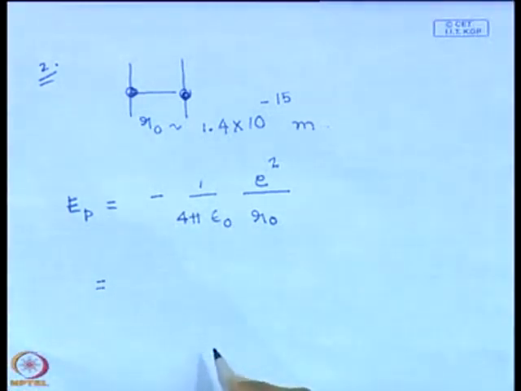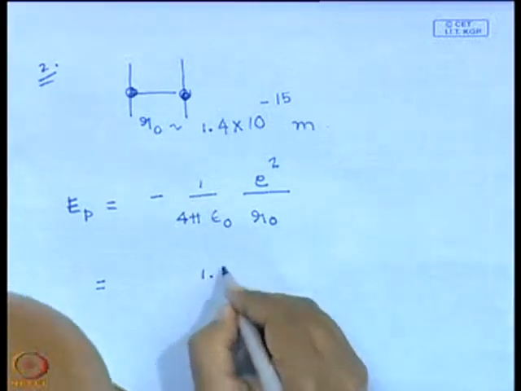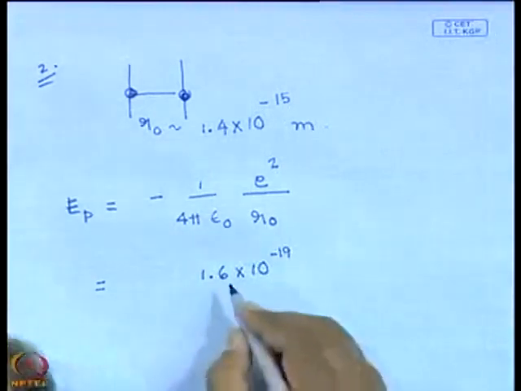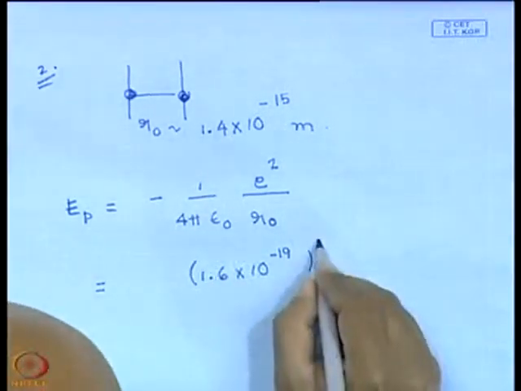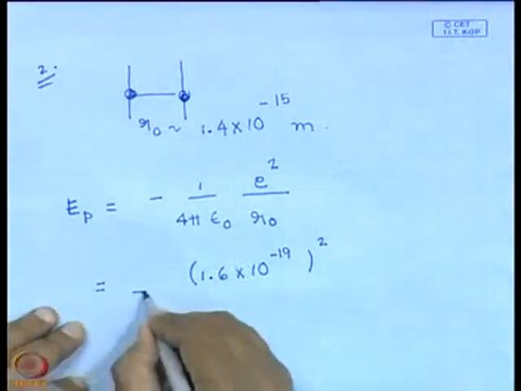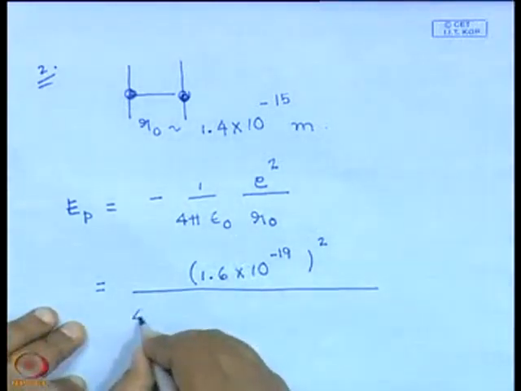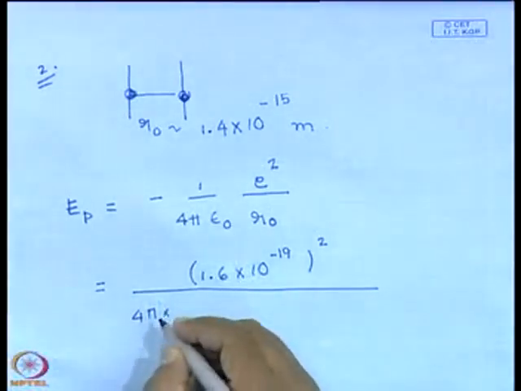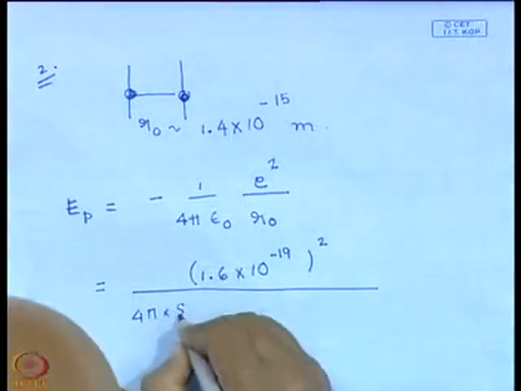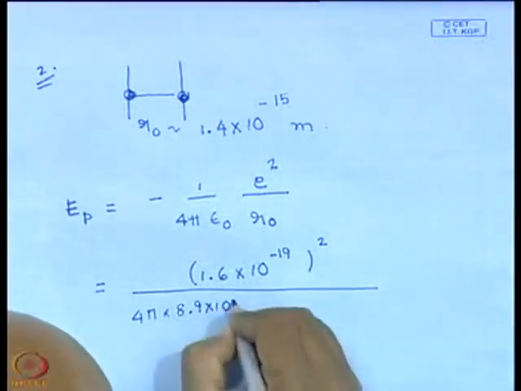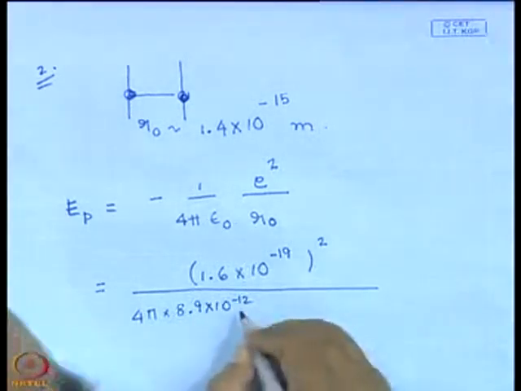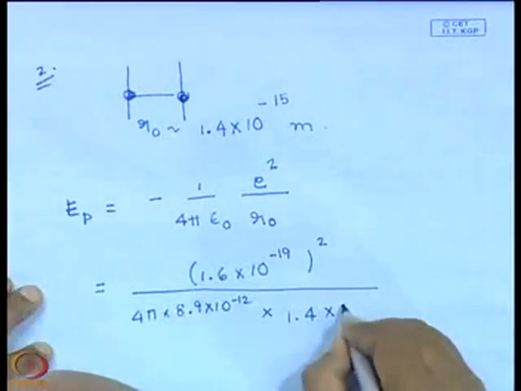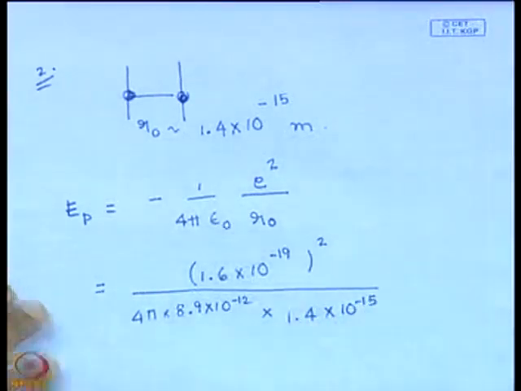Here again let us put in the values. We have 1.6 x 10^-19, that is the charge of the proton, squared, in all SI units, so that will be in coulombs, divided by 4 pi times epsilon_0, which has a value 8.9 x 10^-12, times the distance, which is 1.4 x 10^-15, all in SI units.